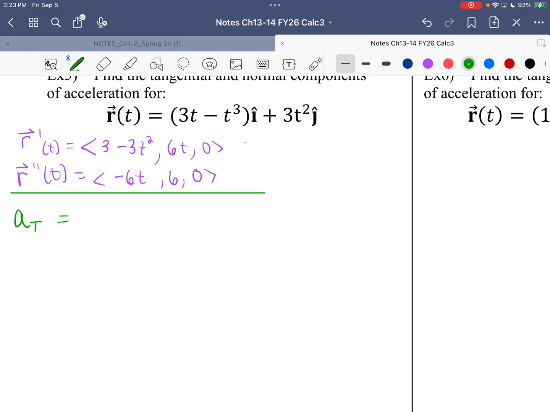Okay, AT is the dot product between those over the magnitude of r prime. Oh, maybe we should find the magnitude of r prime while we're here. Magnitude r prime.